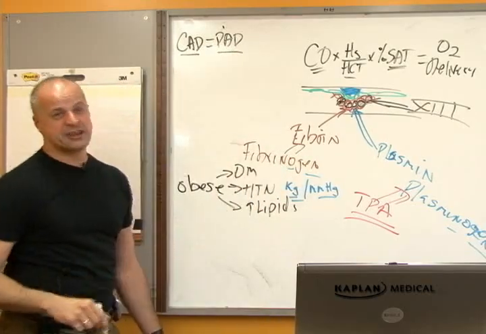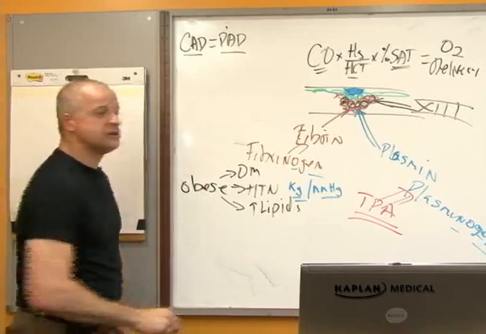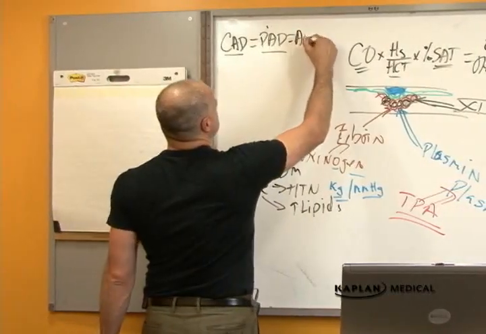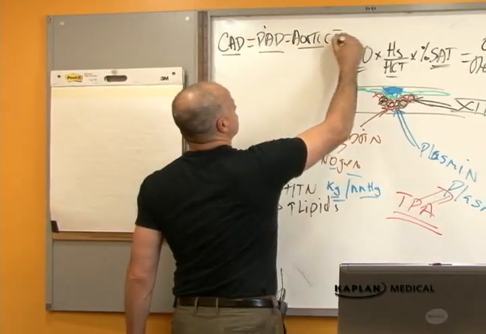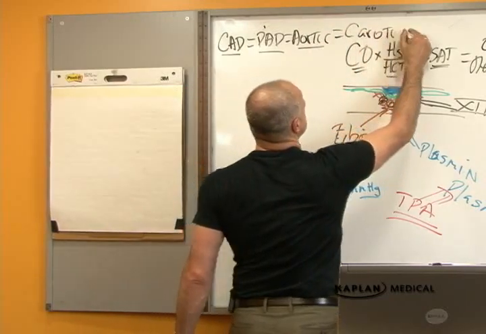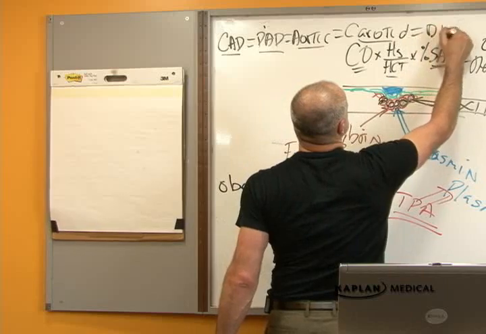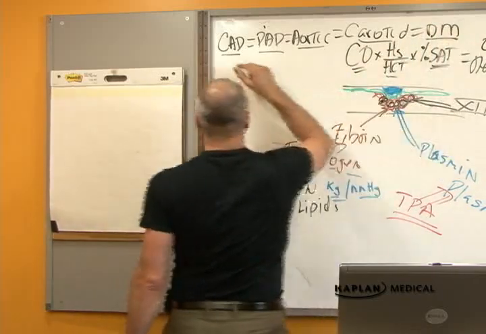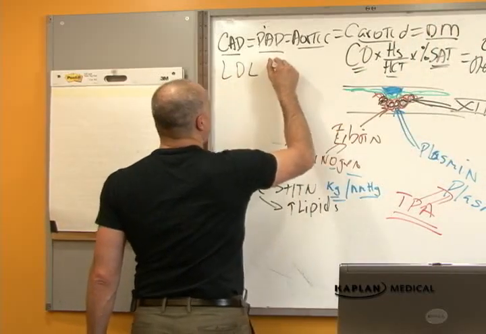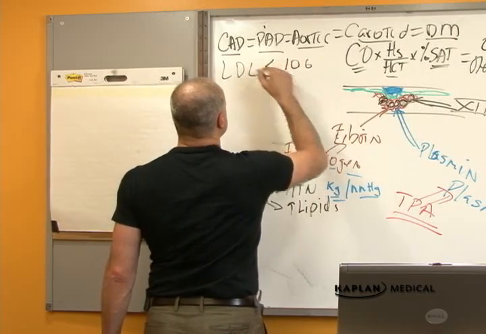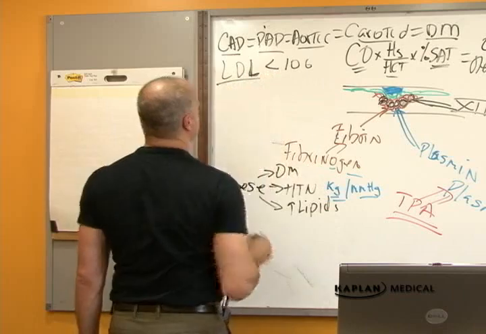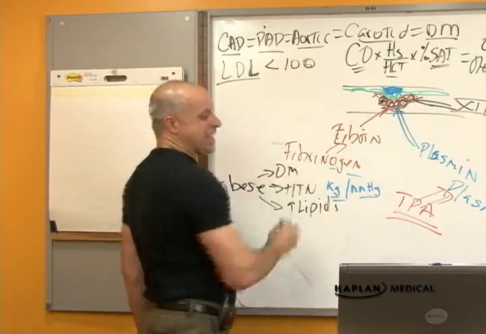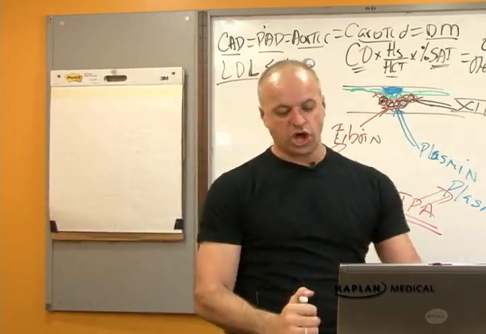CAD equals PAD, and that is bad. Equals aortic disease, equals carotid disease, equals diabetes. For any one of them, LDL less than 100 is the goal.